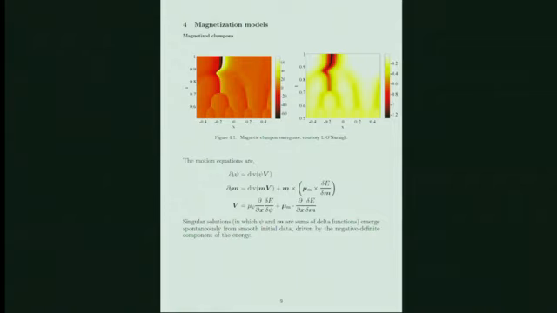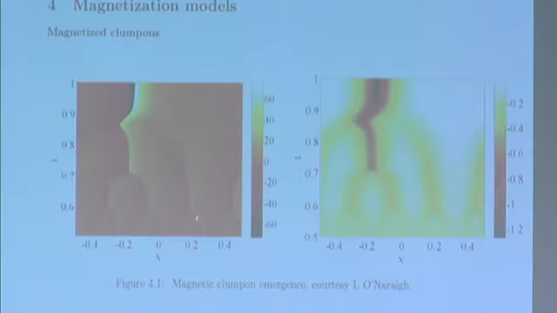Starting from a few initial conditions at some frequency, you can see these things growing up, colliding, and this one here is somehow not symmetric. This one is magnetic field, and this is psi.